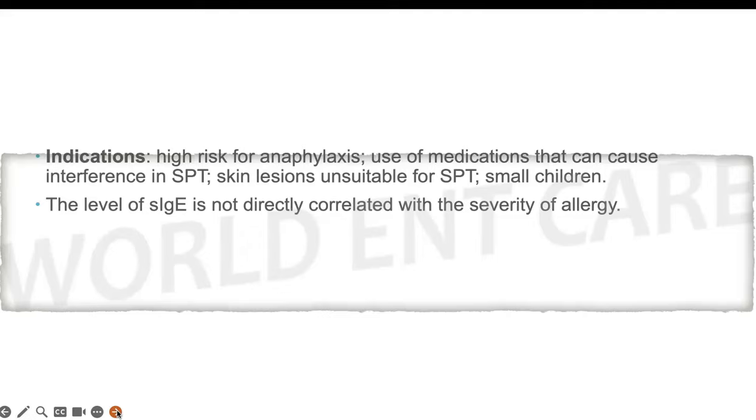The level of serum IgE is not directly correlated with the severity of allergy. Also, the allergen extract is a mixture of proteins from the allergen source. These are the indications of serum specific IgE.